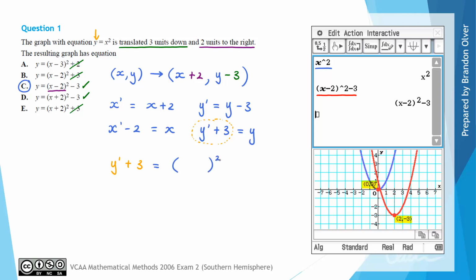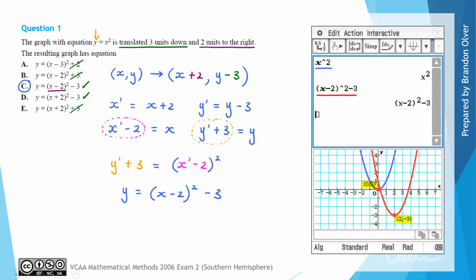But instead of x, we replace it with x dash subtract 2, the equivalent expression for x after the transformations occurred. Rearranging this, we simply subtract 3 and we get y equals x minus 2 all squared subtract 3, which was option C, which we already found by just inspecting the rules. So that's how we could have used mapping to answer this problem as well.